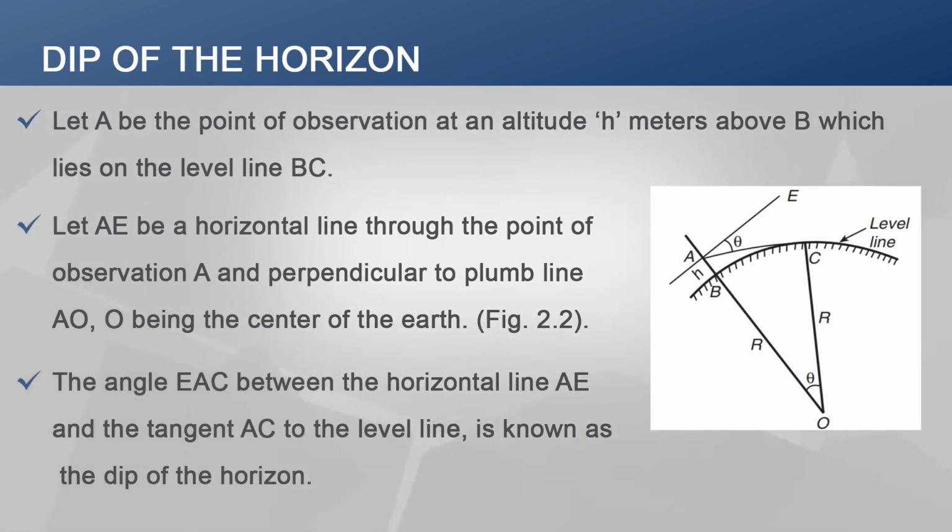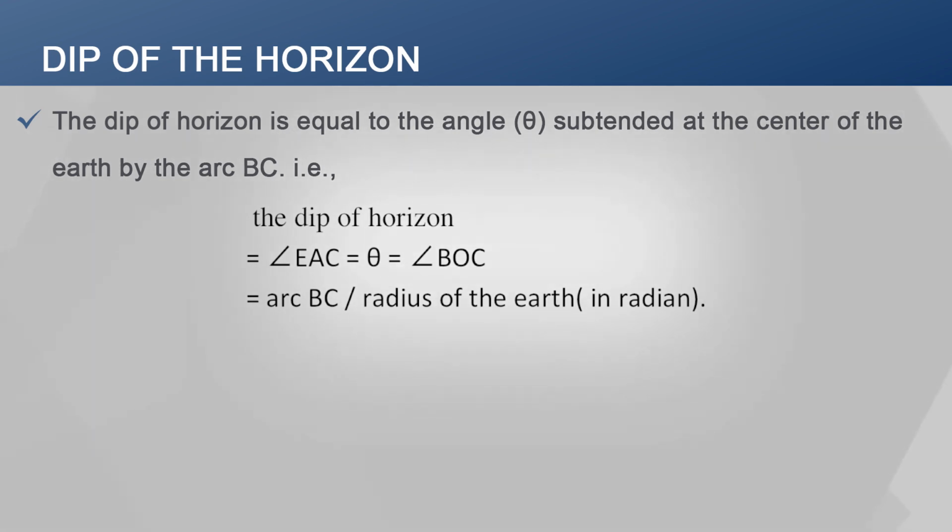The angle EAC between the horizontal line AE and the tangent AC to the level line is known as the dip of the horizon.